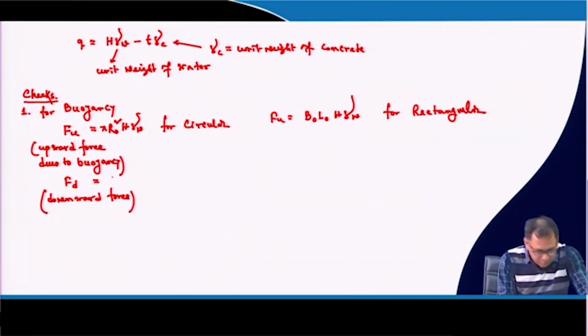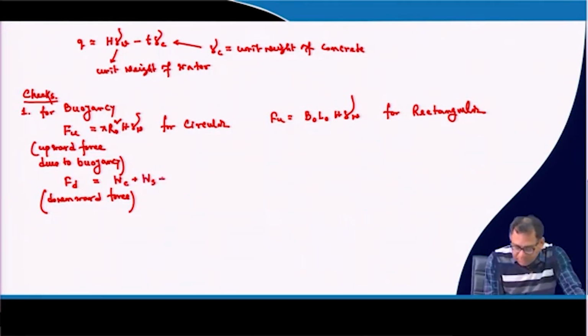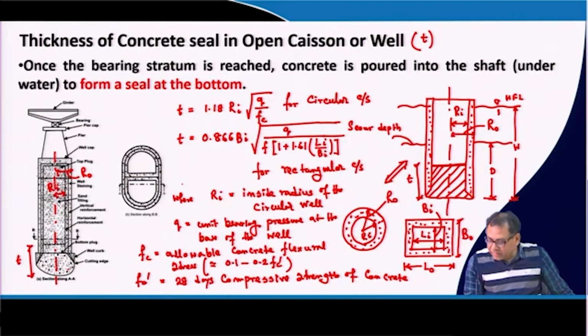That will be the weight of the well plus the weight of the seal plus skin friction. So what is skin friction? When there is soil here and the well is placed here, there will be skin friction between the soil and the well.